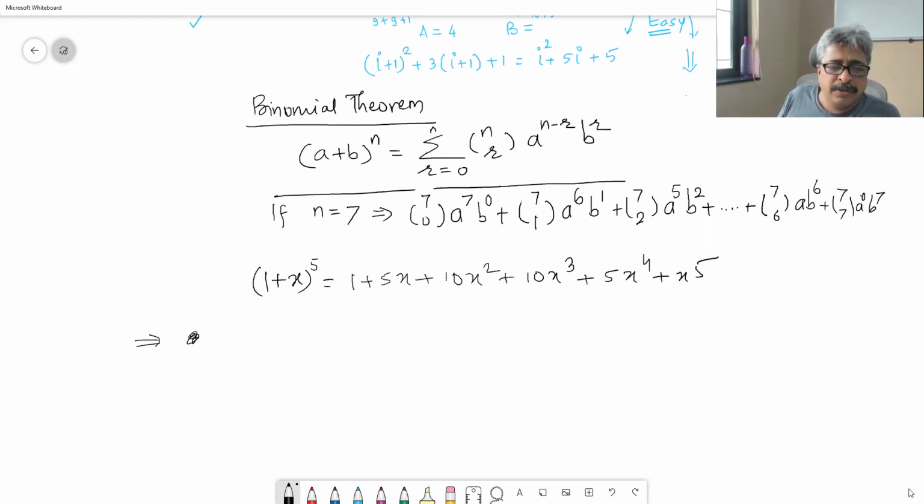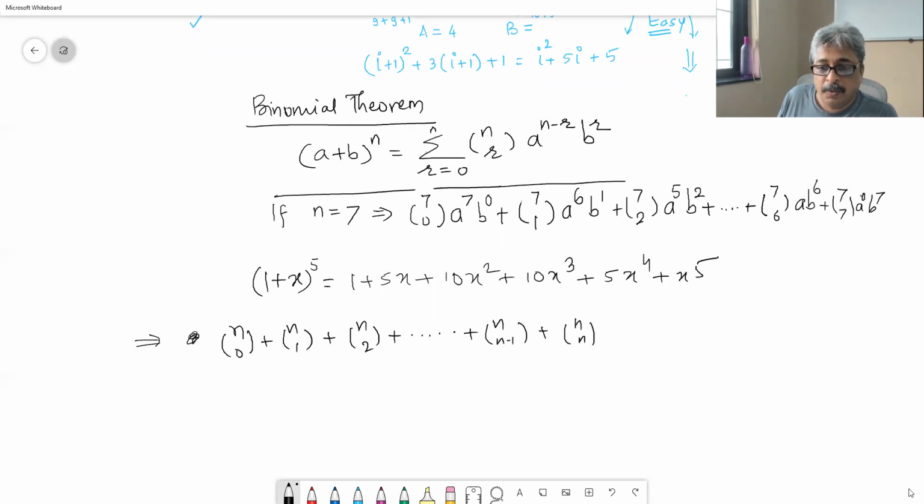Now what I want to do is the sum of binomial coefficients. n choose 0 plus n choose 1 plus n choose 2 plus dot dot dot n choose n is equal to how much if n is equal to 7?